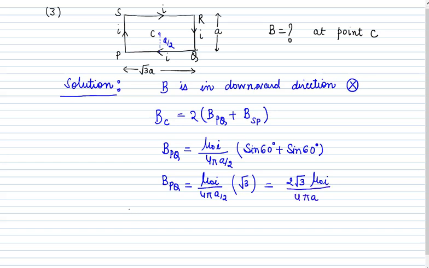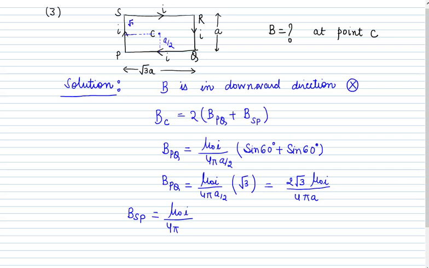Similarly, you can easily calculate the magnetic field due to side SP. Again, use the Biot-Savart's law. This is equal to mu naught I upon 4 pi, and this side is given to you as root 3a. So if you go from here to here, this is for SP, this whole distance is root 3a.